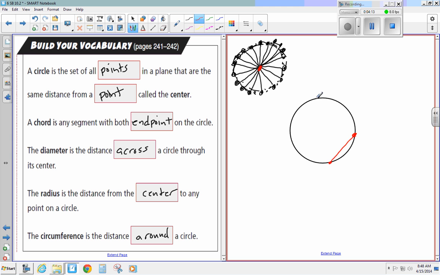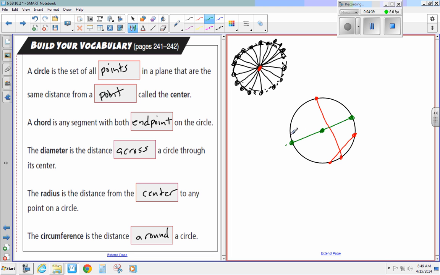It could go from here to there. Anytime there is a line that goes endpoint to endpoint, it is a chord. Now, if you had a center point and a radius going one way and a radius going the other way, this is still a chord. It went from on the circle to on the circle somewhere else.